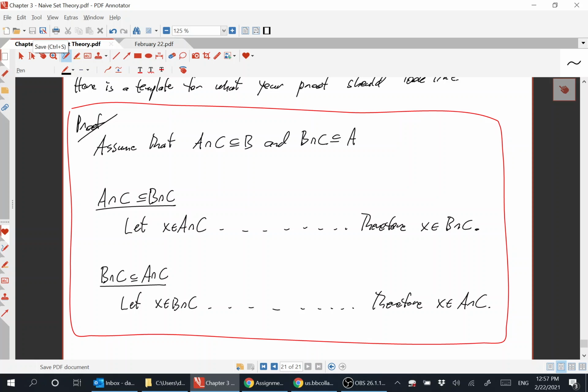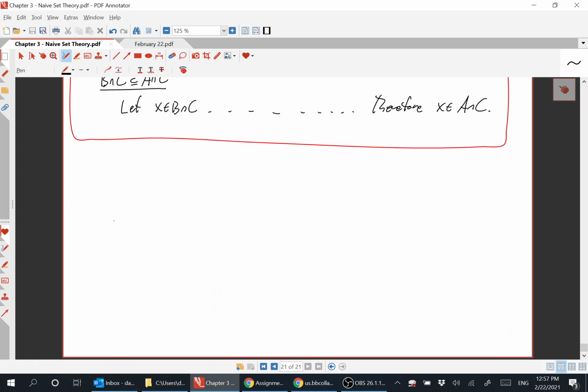Let's talk a little bit about if and only if type statements. Oh, let's try one more. I have one more example of this I would like to do. So here's another example of proving an implication.